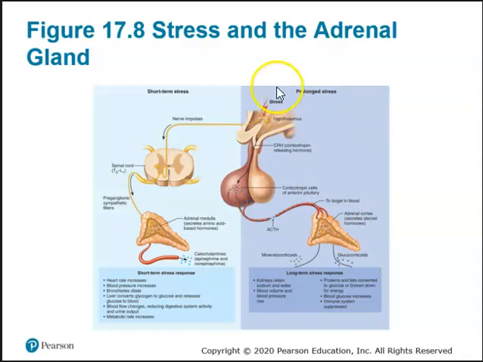So stress signals will travel through the hypothalamus, and the nerve impulses will be conducted through the spinal cord, T8 through L1, and then through the preganglionic sympathetic fibers, and then to the adrenal medulla. So that inner layer secretes catecholamines, epinephrine and norepinephrine. These are amino-based hormones. These catecholamines will then be secreted into the bloodstream.